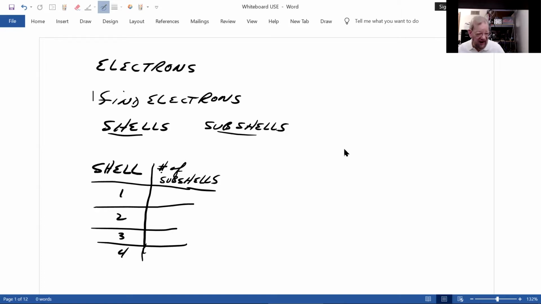Those are the names of the shells. I taught you that 1 is the lowest energy shell, and that's important to know. As you go down the table toward 4, the shell energies increase, where 4 has the highest energy.